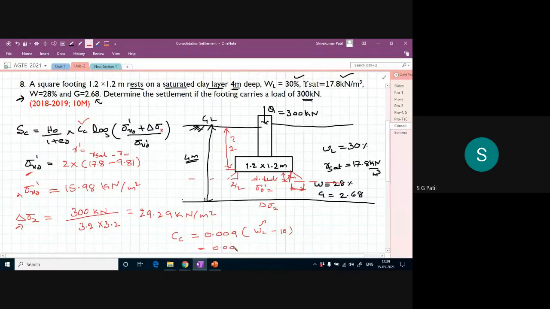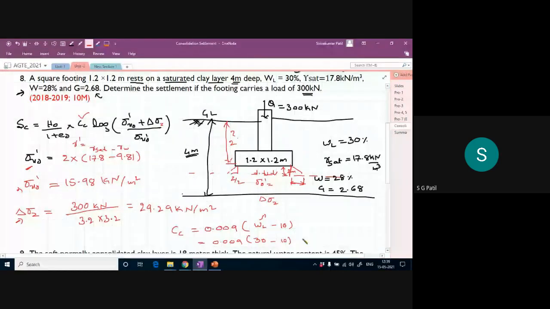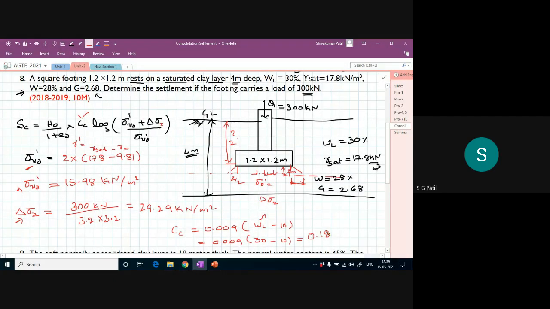This liquid limit you should put in terms of percentage. How much liquid limit did I get? 30%. So 0.009 into 30 minus 10. What is the CC value? CC value is something around 0.18.